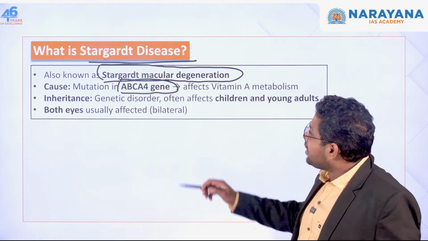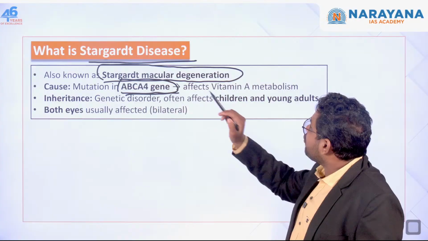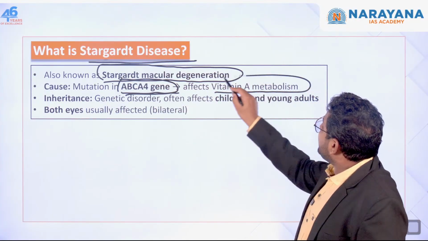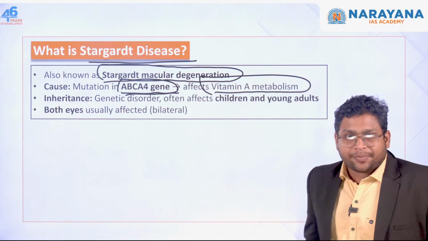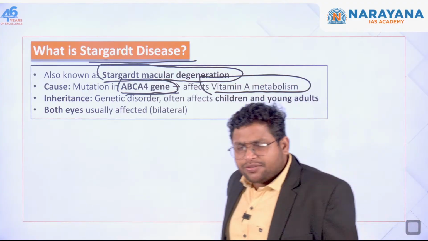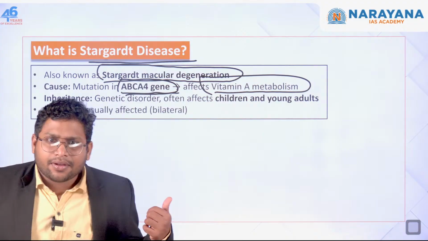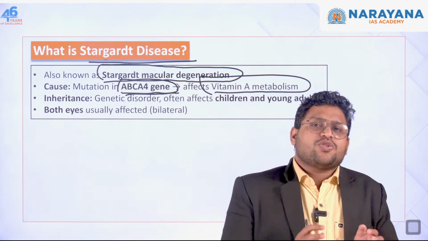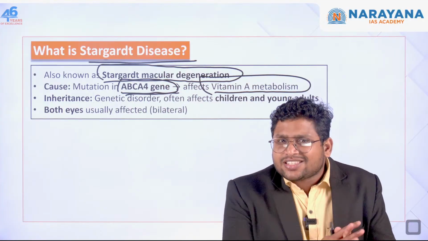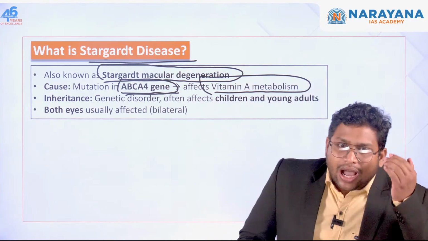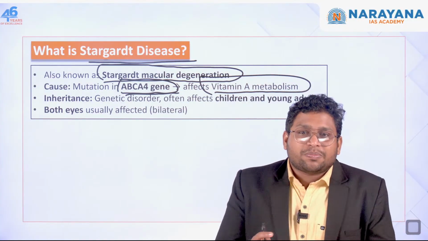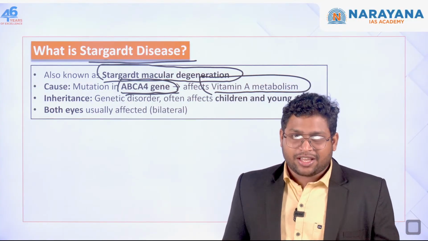So in case of any mutation in this ABCA4 gene, it affects the vitamin A metabolism in your body. We all know that in case you have a deficiency of vitamin A, there is a possibility of your eyesight getting affected. You would not be in a position to see things very clearly.